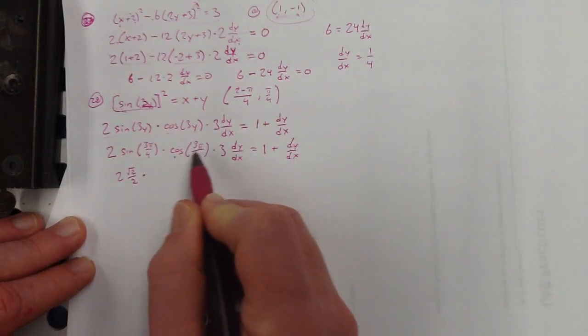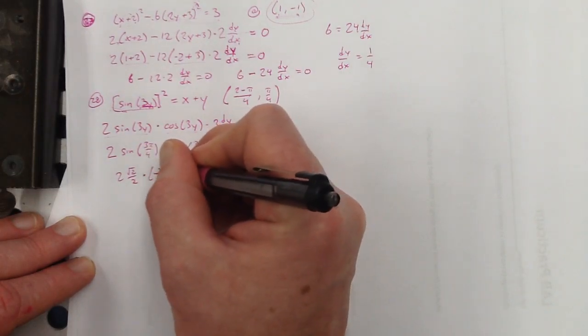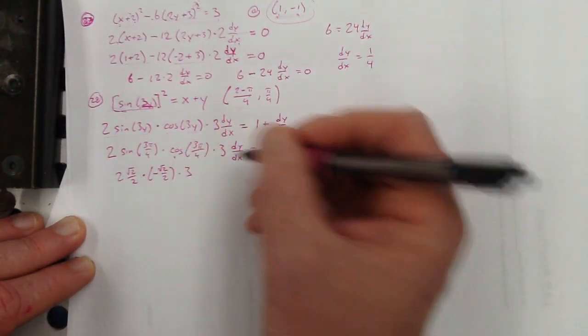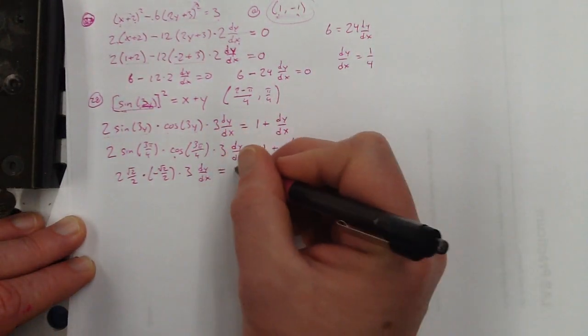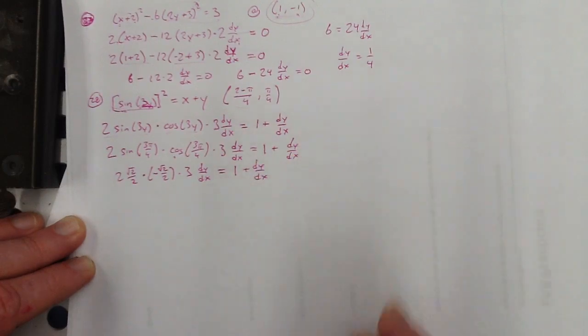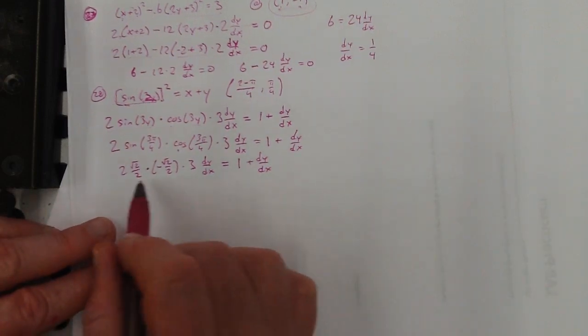The cosine of 3 pi over 4, that's the x-coordinate, is negative square root of 2 over 2 times 3 times dy dx equal to 1 plus dy dx. Okay, so let's see.